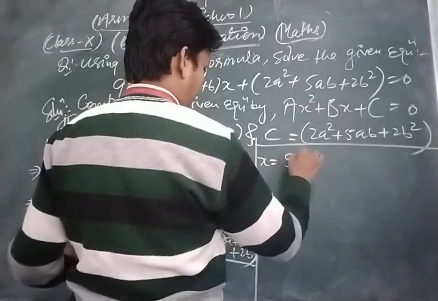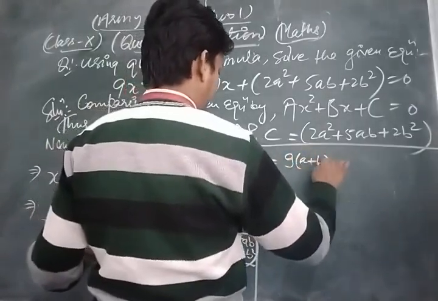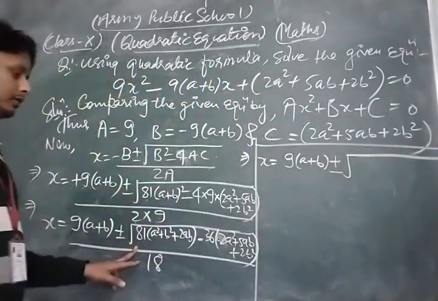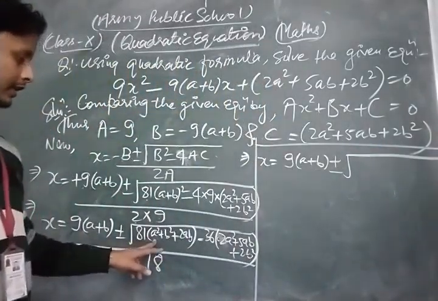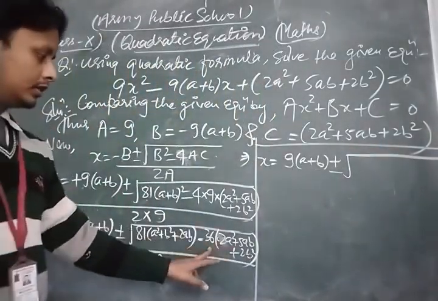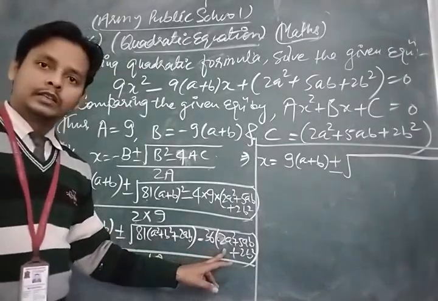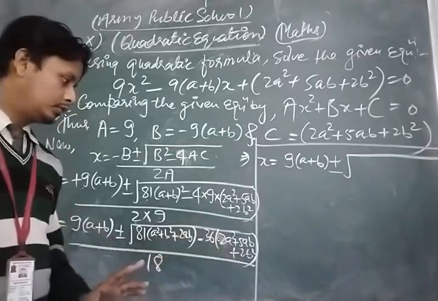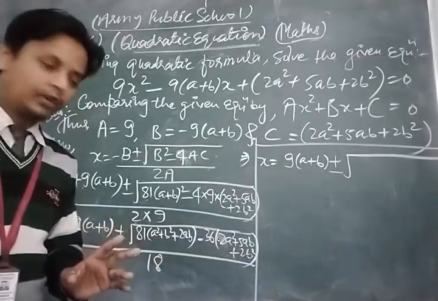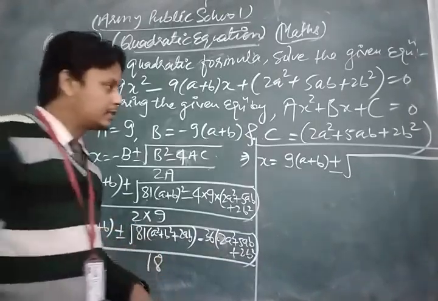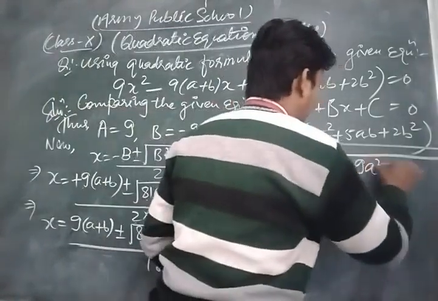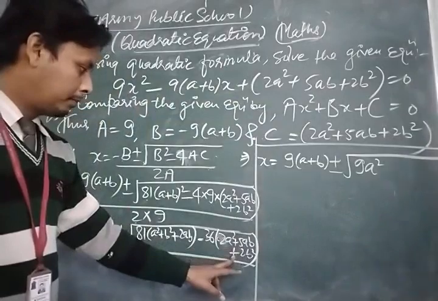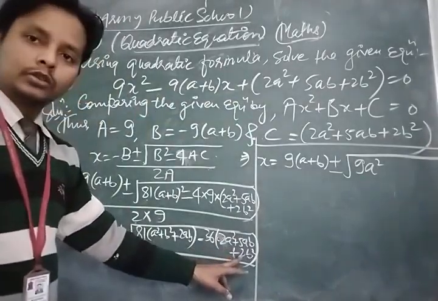x is equal to 9 into a plus b plus minus square root of the simplified terms. 81 a square minus 72 a square leaves 9 a square. 81 b square minus 72 b square leaves 9 b square.